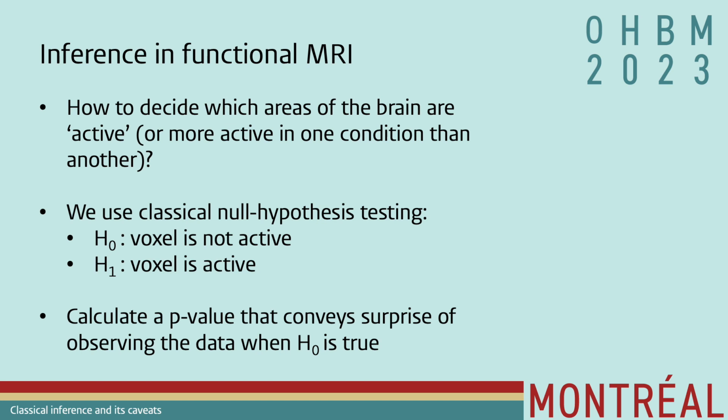On the basis of these two hypotheses we want to decide per voxel whether H0 holds or H1 holds. So how do we do that most often? We do that by calculating a p-value that conveys the surprise of observing the data when actually the null hypothesis is true.